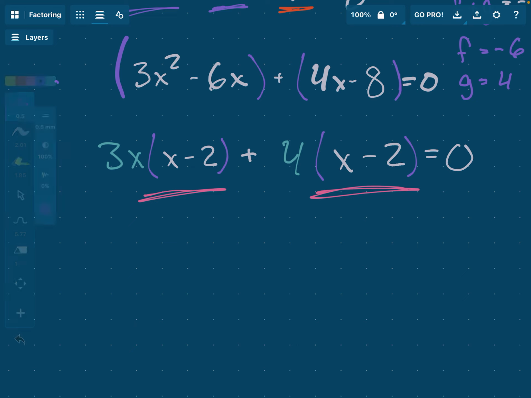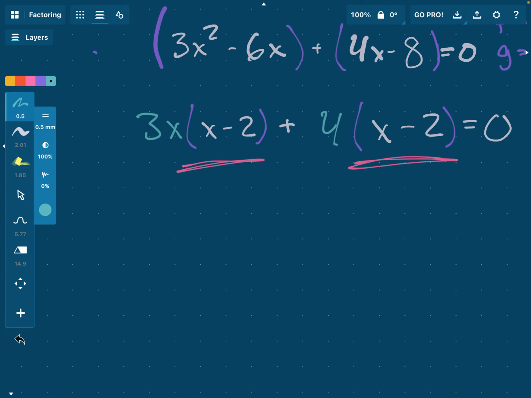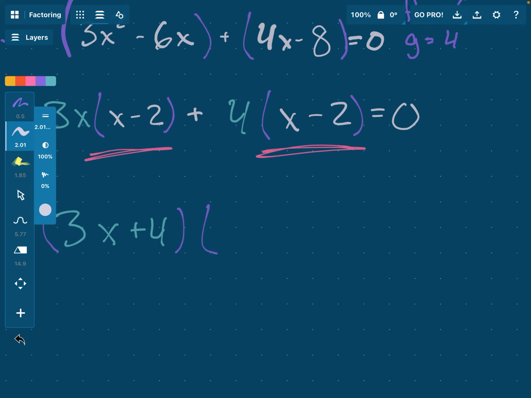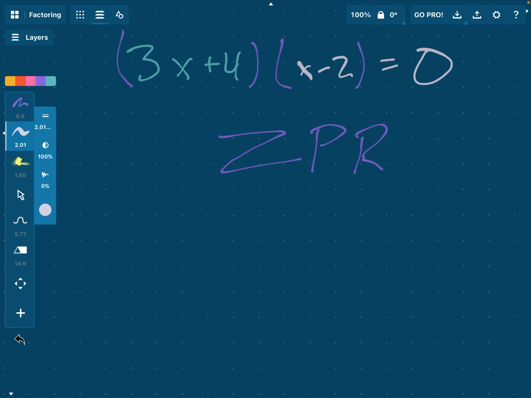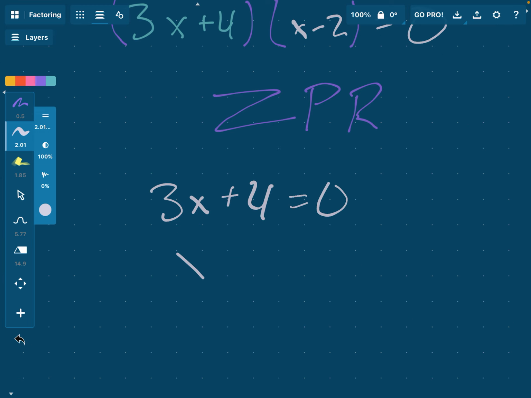So now we can factor like we have been, so we get 3x plus 4 and x minus 2, and this is equal to 0. Now we're allowed to use our zero product rule. So we can set 3x plus 4 equal to 0, and we can set x minus 2 equal to 0 as well.